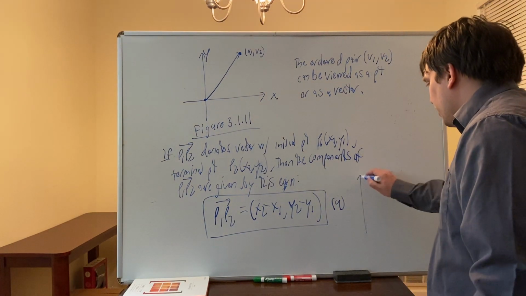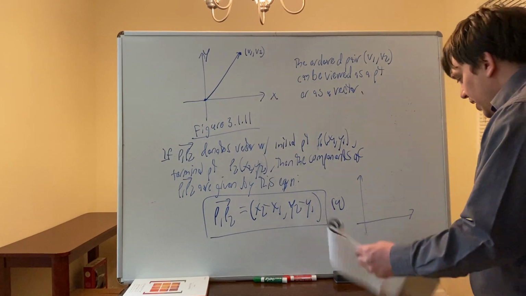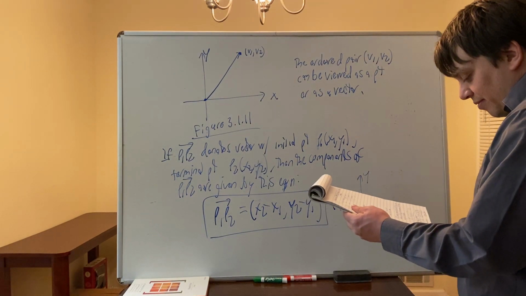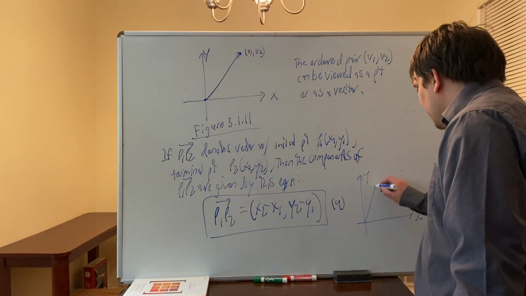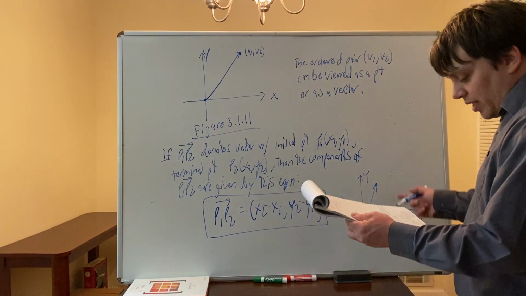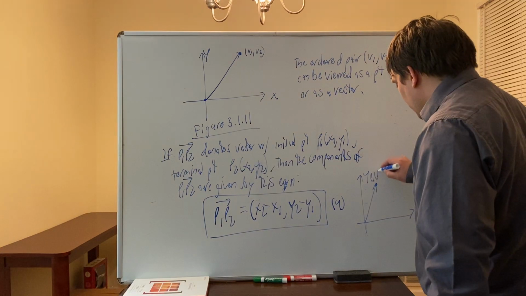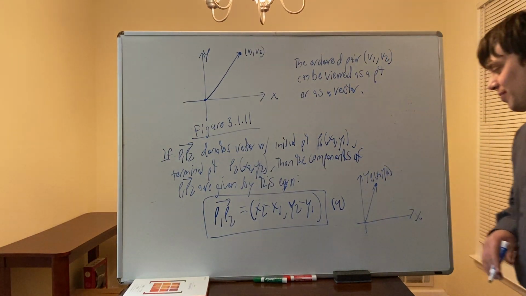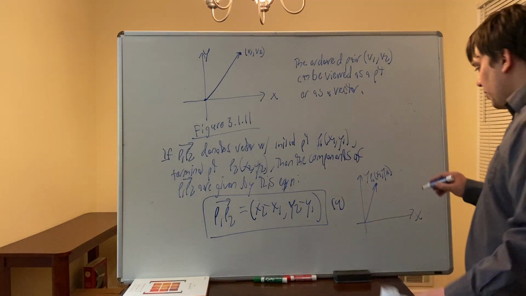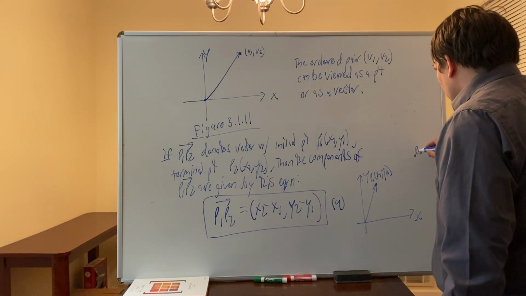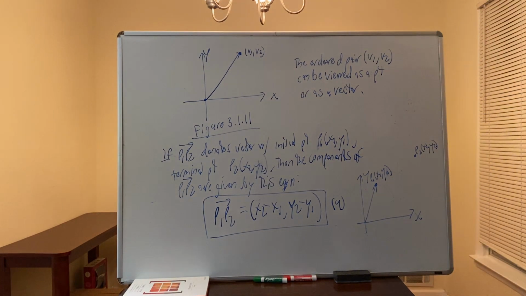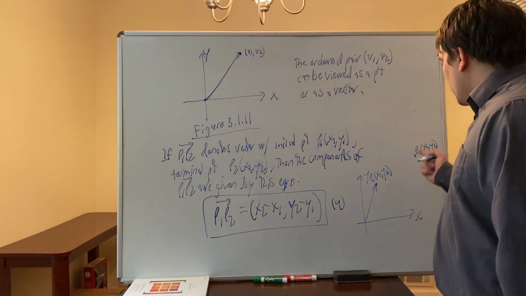So now if we have the x-axis and y-axis, and this is your point P1, with coordinates x1, y1, and then let's say we have another point P2, which is x2, y2. The vector P1P2 starts at P1 and ends at P2.